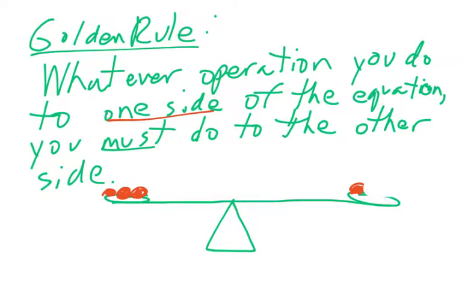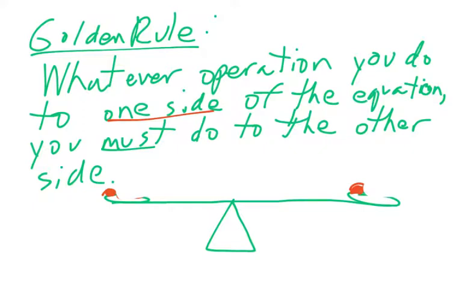Well, in order to make this balance or scale balanced again, or seesaw, I could either put those two basketballs back, or I could take two basketballs away from the other side. So notice that whatever operation we did to one side, we had to do the same exact thing to the other side to keep it balanced.